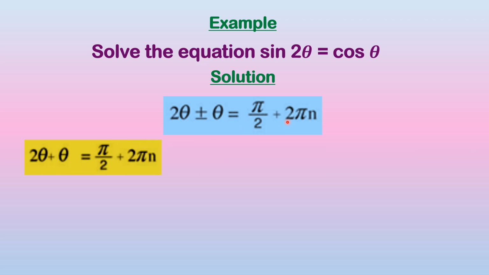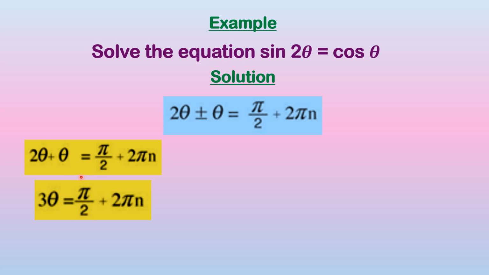So for 2 theta plus theta, we take the positive only on the left hand side. 2 theta plus theta equals pi over 2 plus 2n pi. 2 theta plus theta equals 3 theta, so 3 theta equals pi over 2 plus 2 pi n.